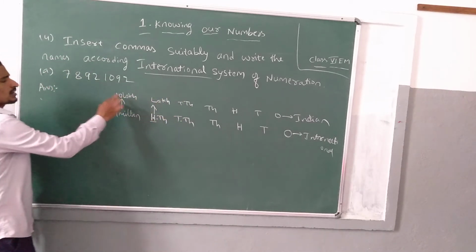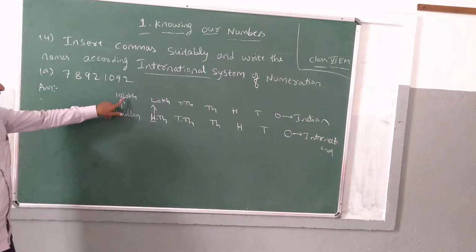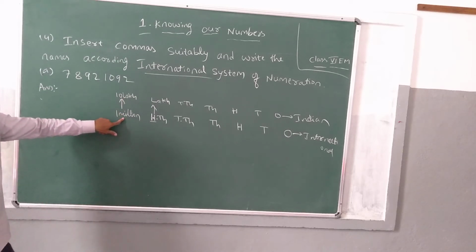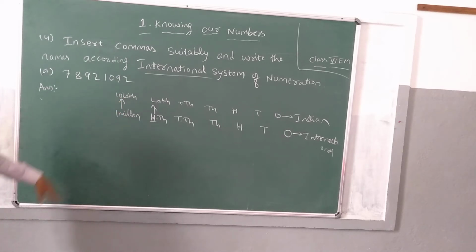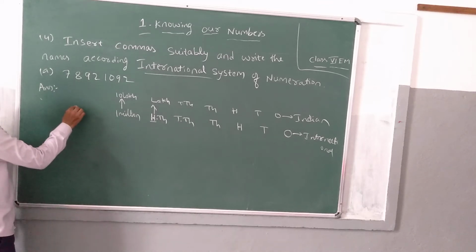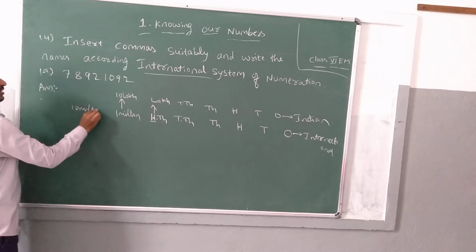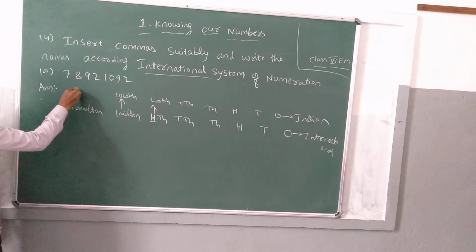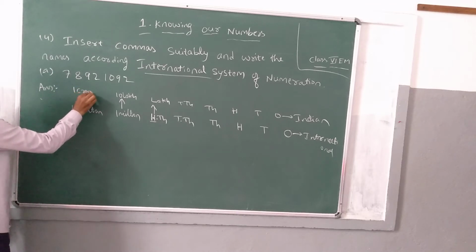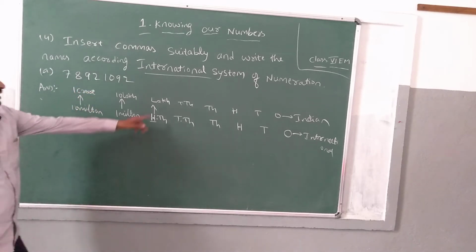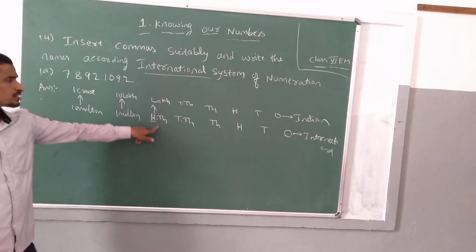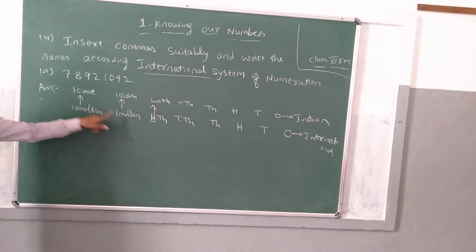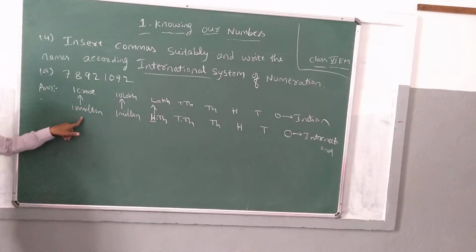Next after 1 lakh is 10 lakh. Okay, 10 lakh you have to take in international system as million. 1 million is equal to 10 lakh. Next thereafter 10 million. 10 million means 1 crore. So you know, lakh means 5 zeros, 10 lakh means 6 zeros, 1 crore means 7 zeros.